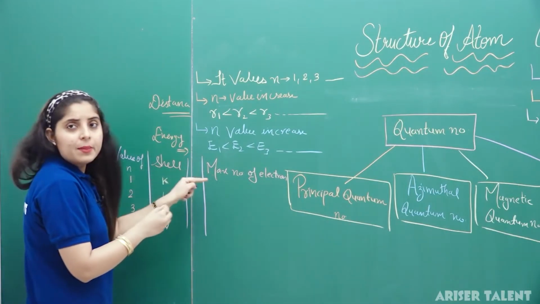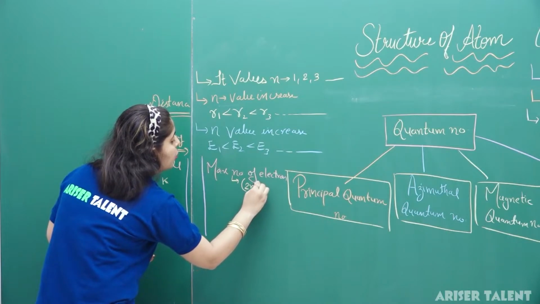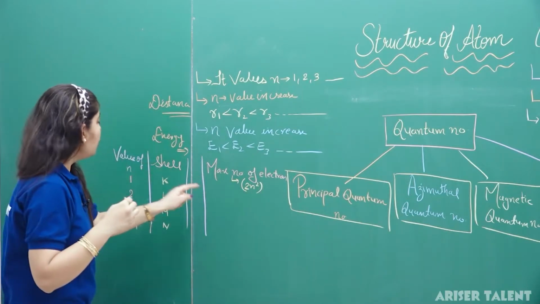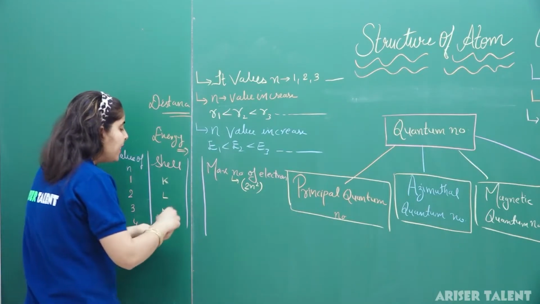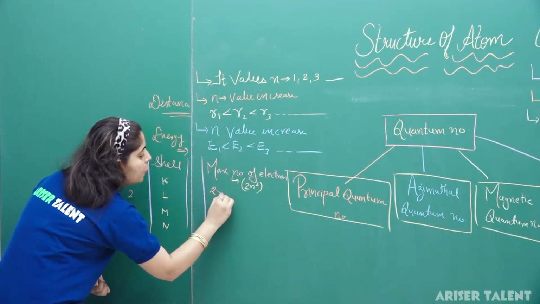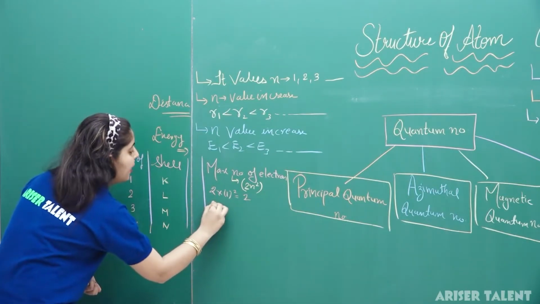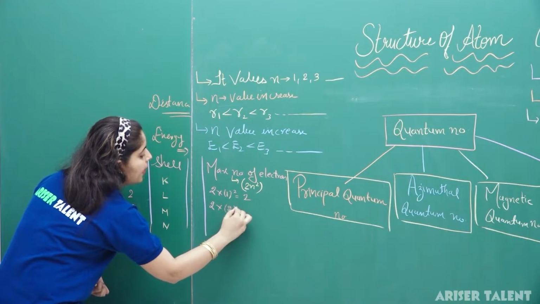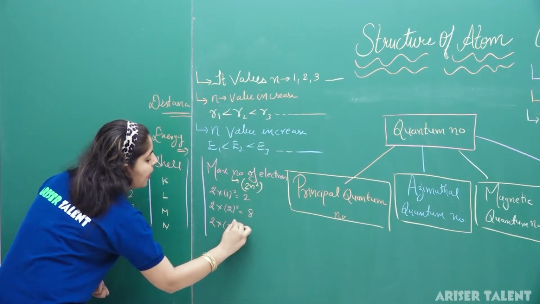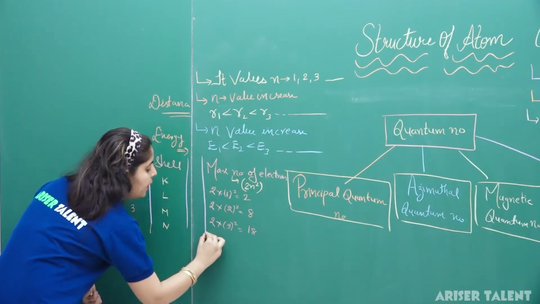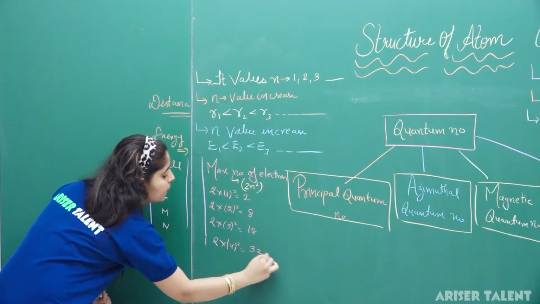Now maximum number of electrons can be calculated by the formula 2n square. So we will calculate the maximum number of electrons in these shells. So what we will get here, K corresponds to 2 into 1 square, that is 2, again 2 into 2 square, that is equal to 8, 2 into 3 square, that is equal to 18, and 2 into 4 square, that will be equal to 32.